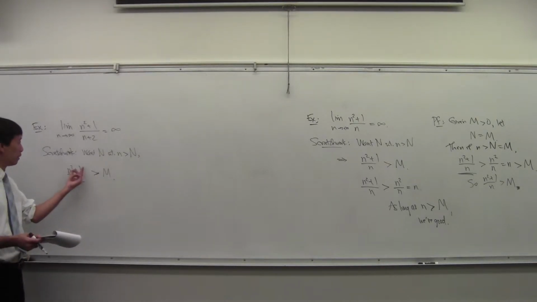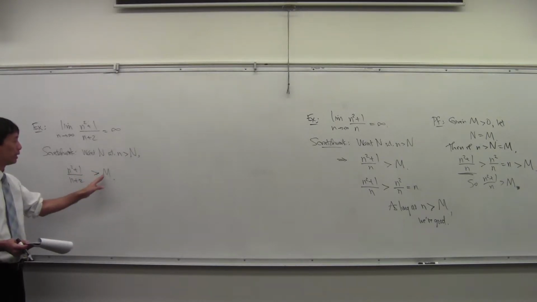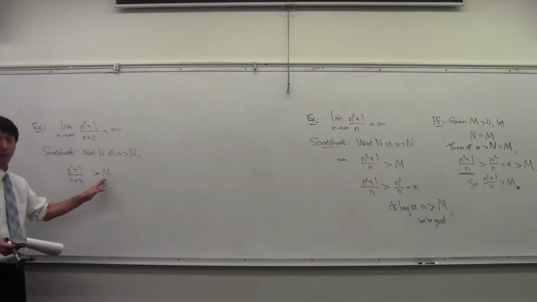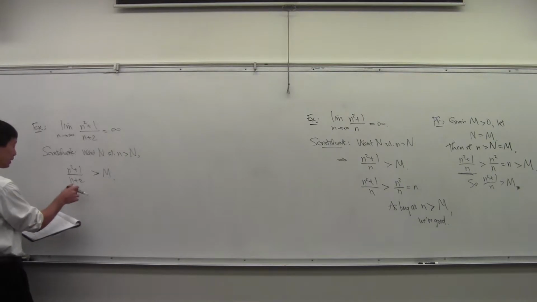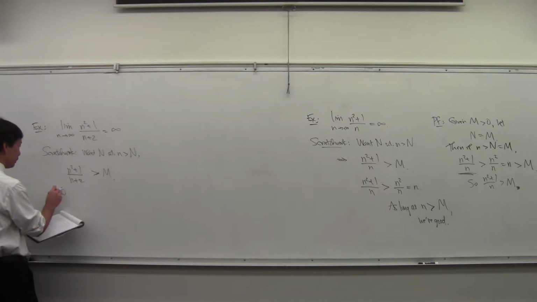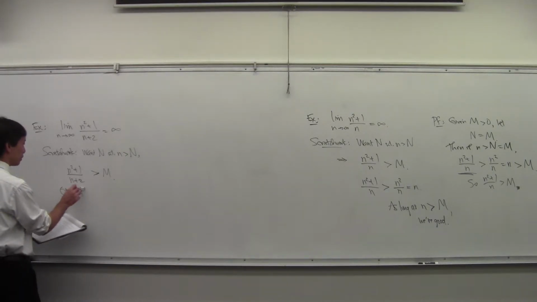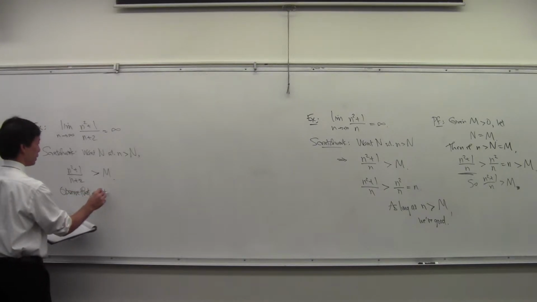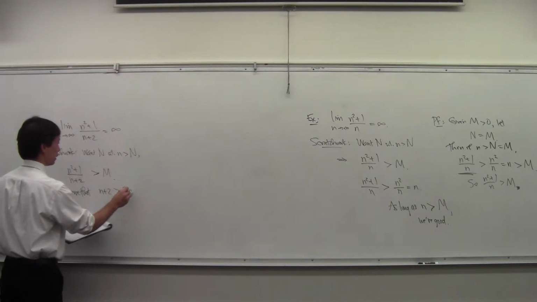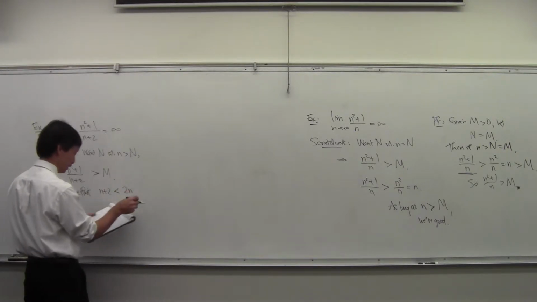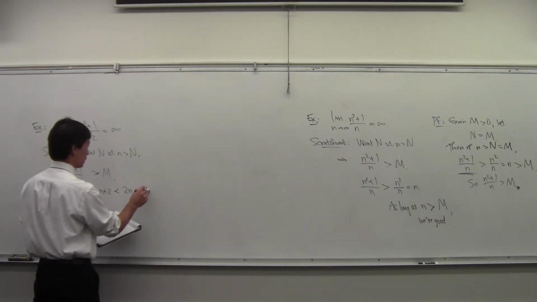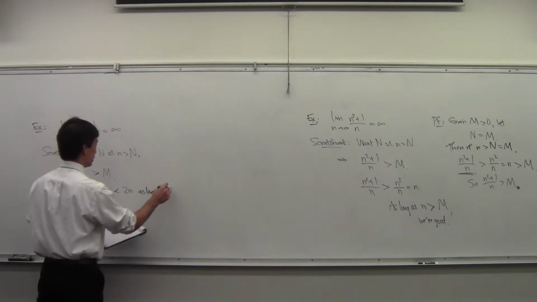We could play the same trick and just get rid of that 1 up there, but then it's still not that clean. So we'll throw in an additional trick to make it cleaner. We'll say, well, look, observe that n plus 2 is smaller than 2n, as long as n is bigger than 2.